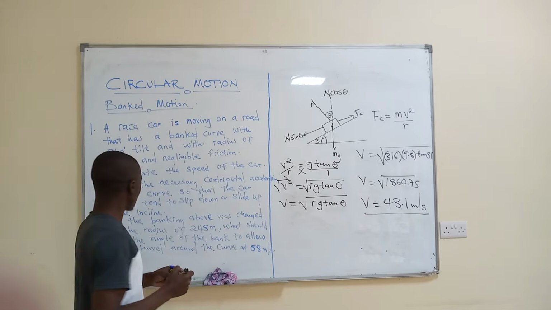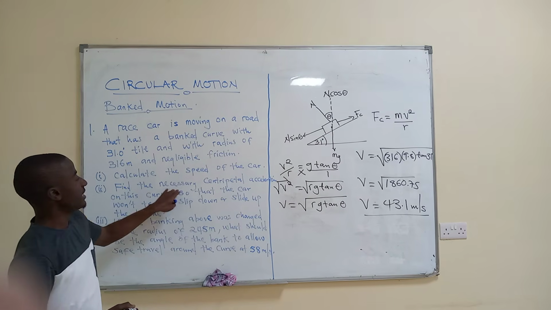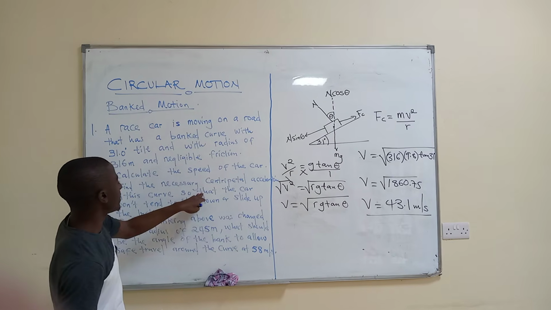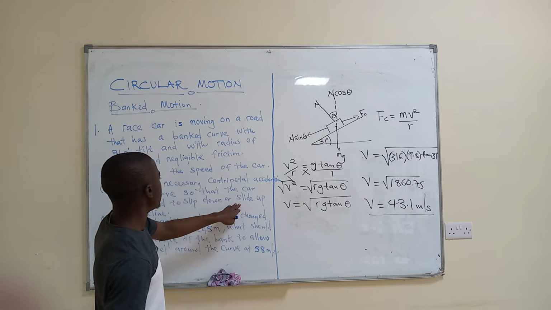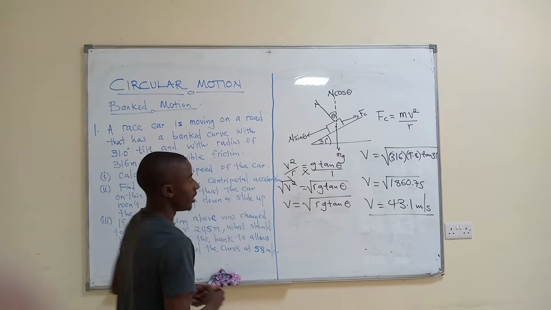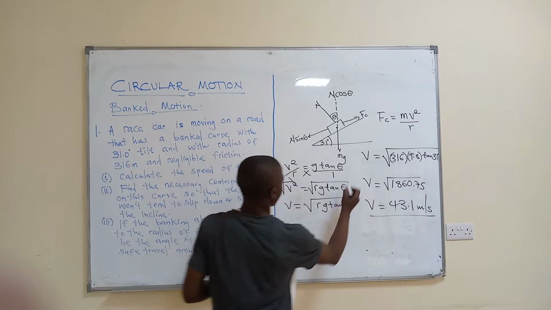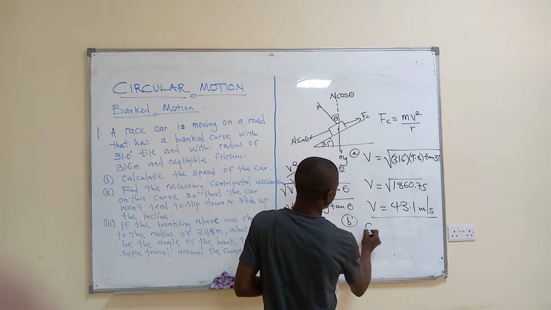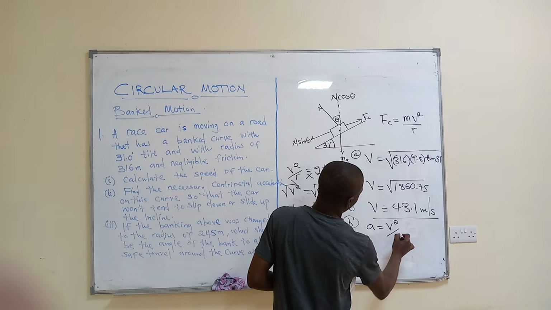So we can now proceed to question 2, where they are saying find the necessary centripetal acceleration on these scales so that the car won't tend to slip down or slide up on the incline. So the formula for calculating the centripetal acceleration, acceleration is equal to v squared over r.